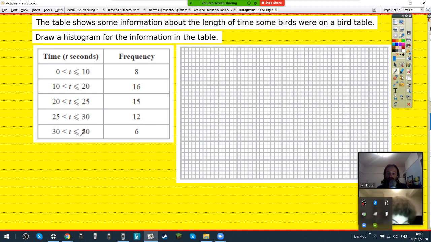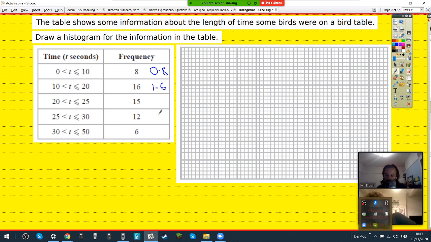Let's just lay it out first. So how do we do this? We find the frequency. Oh, you mean the graph? We would put, no, anything, whatever you think. All right. Frequency density for 8 would be 0.8. The frequency density for 16 would be 1.6.